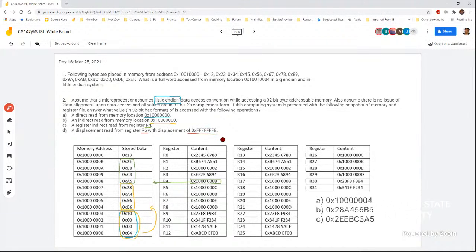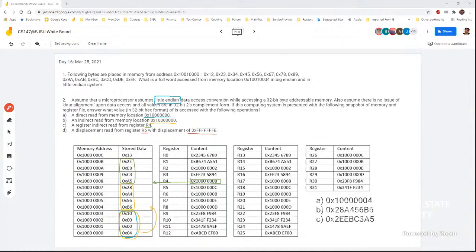Now the last but not the least is a displacement read from register R6 with a displacement value. This displacement value is in a 2's complement system, right? So essentially FFE means, I believe, -2.